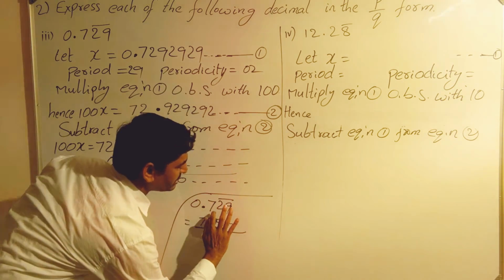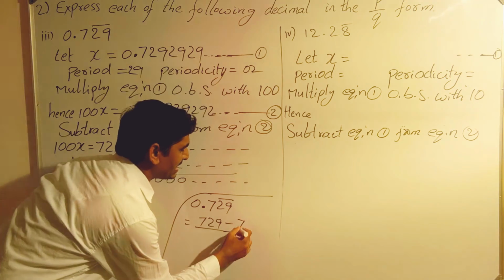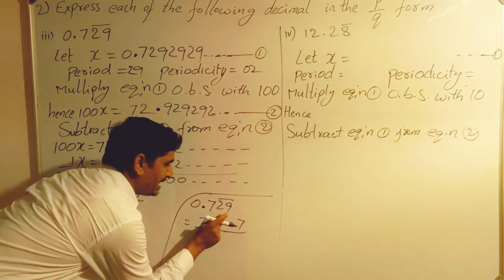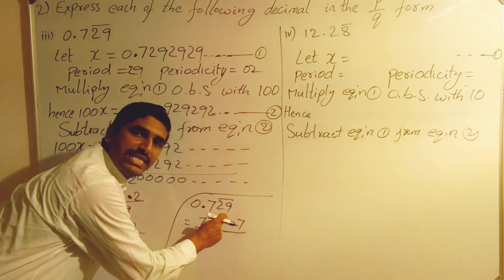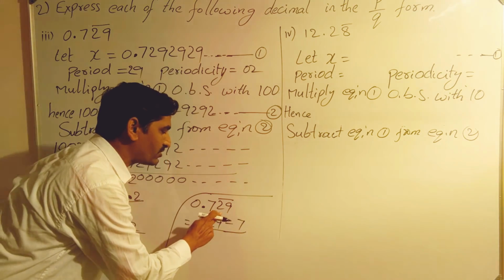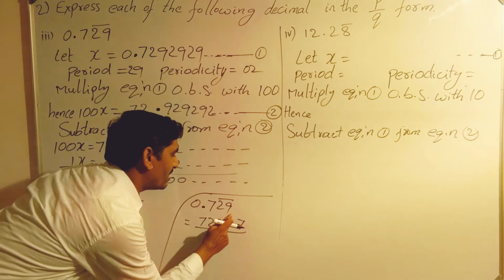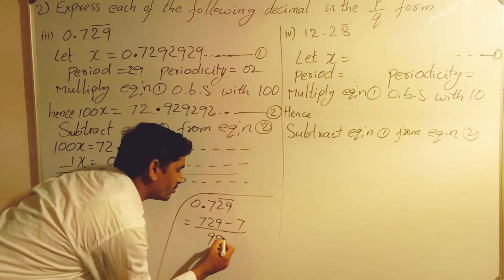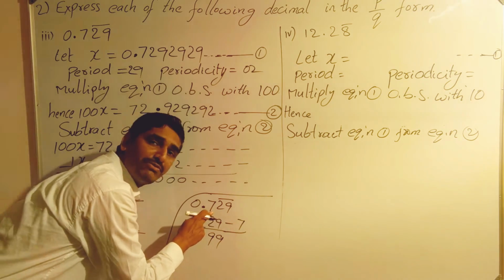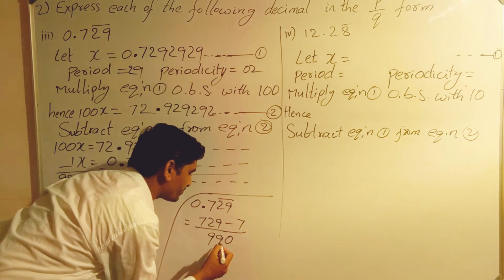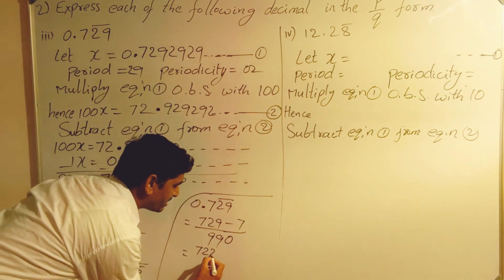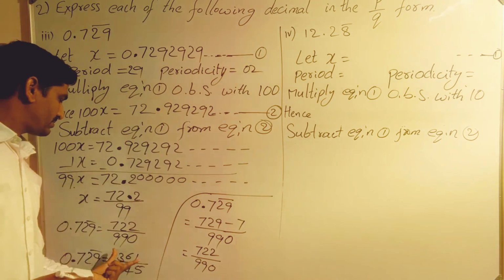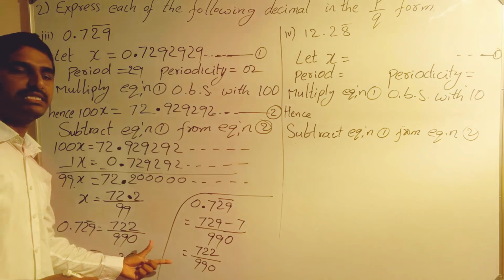The remaining number 07 means 7. In the decimal part there are 3 decimals. 2 decimals have the bar, so 2 nines. 1 decimal without bar, so 1 zero. Now this becomes 722 by 990. Have we got the same? So this is a shortcut for this.